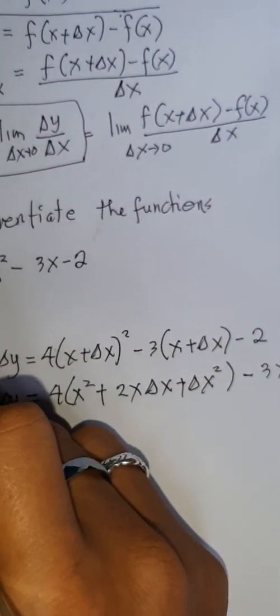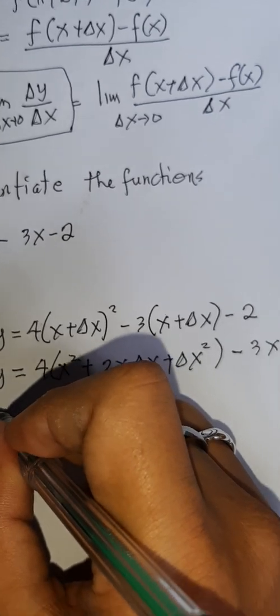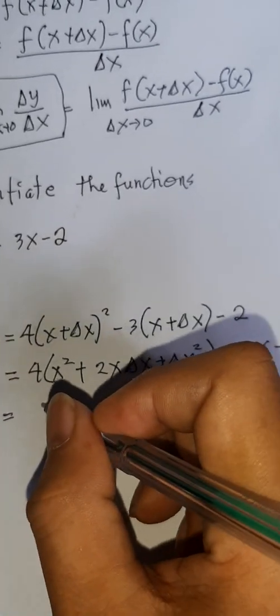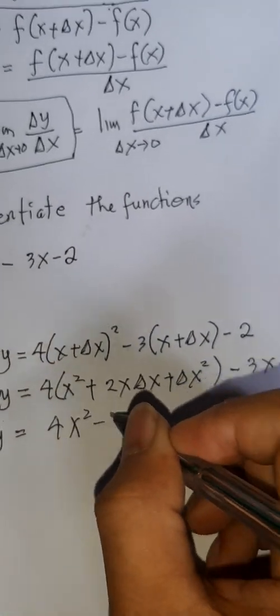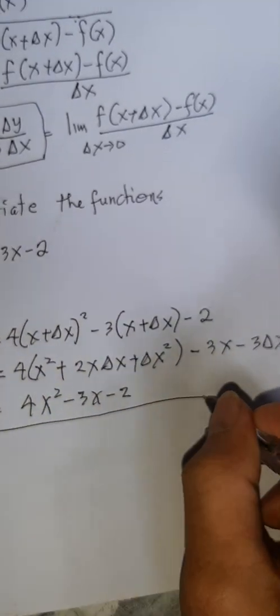Then the second step is to subtract the original equation, which is y equals 4x squared minus 3x minus 2, from this new equation.